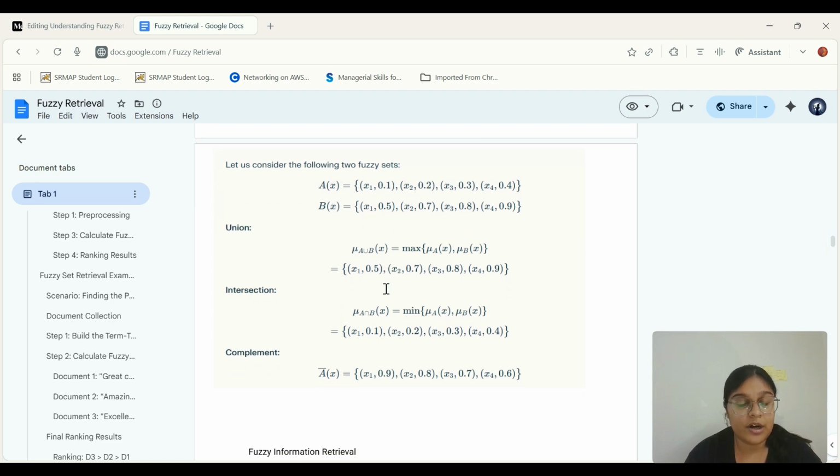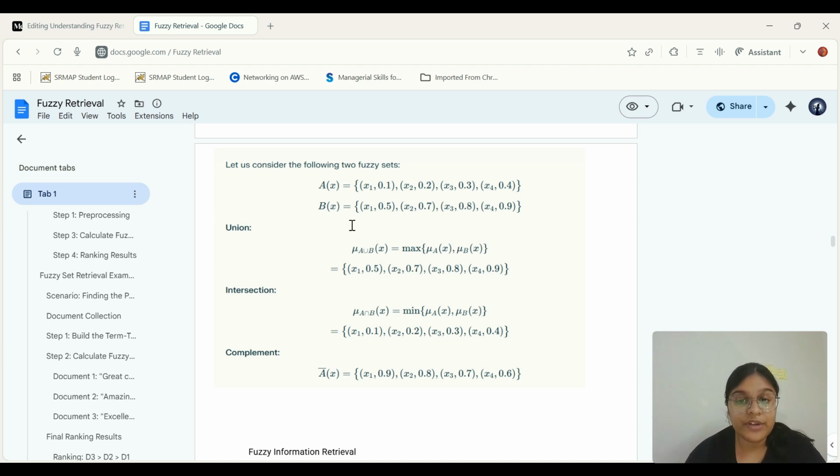So, for example, to understand this, we have taken two relevant documents, okay, with the values like A of x equal to x1 of 0.1, x2 0.2, x3 0.3, x4 0.4, and respectively we have taken for B. Now, if we want to calculate mu of A union B of x, so this was our A and this was of B. So, for calculating the union, we know that we have to take the max.